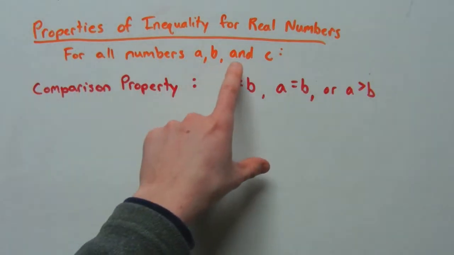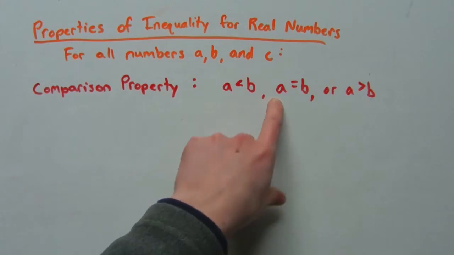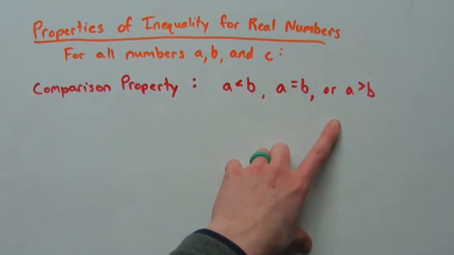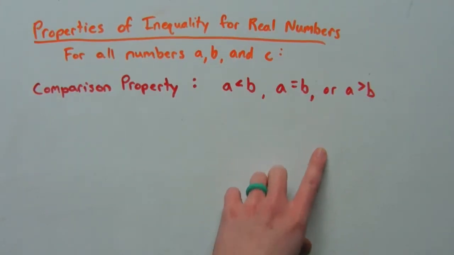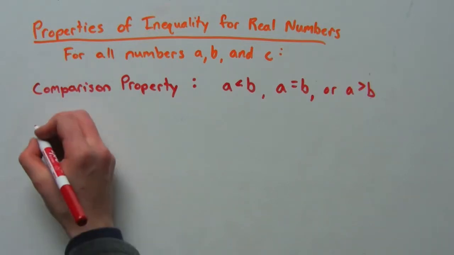For all numbers a, b, and c, a is less than b, a is equal to b, or a is greater than b. There are no other possibilities. One number is less than another number, the two numbers are equal, or the number is greater than the other number. Our next property is the transitive property.